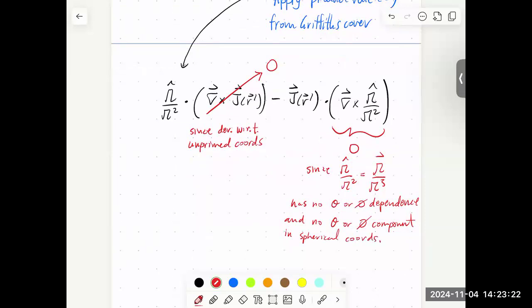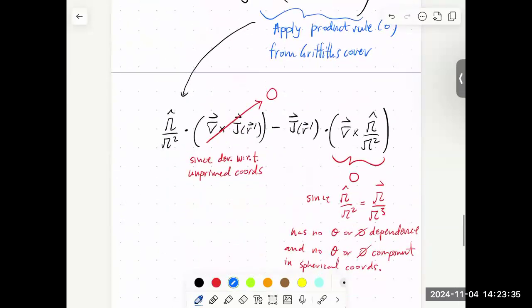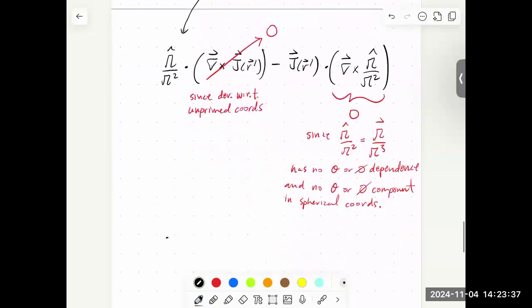Okay, so we did our product rule and both terms ended up being 0. So that means that this whole thing is equal to 0. And so therefore the only conclusion is that the divergence of B is equal to 0.